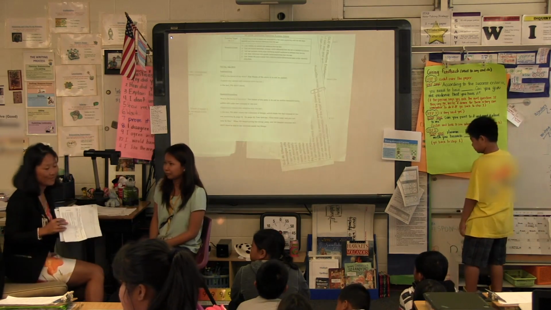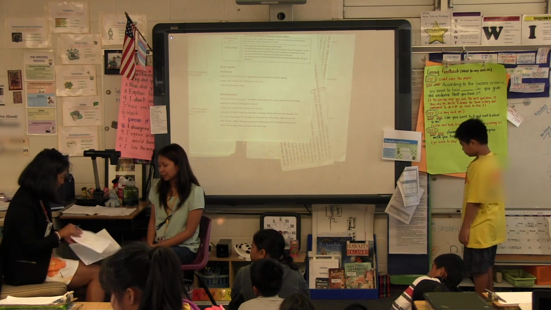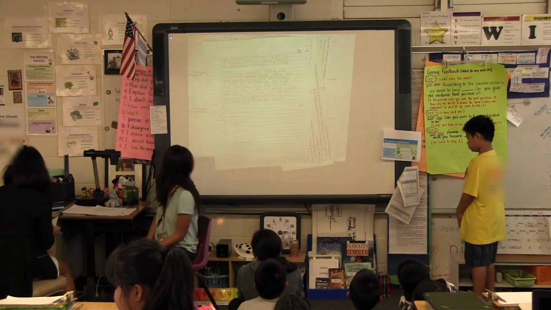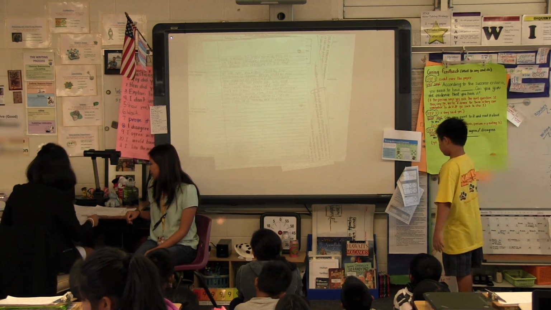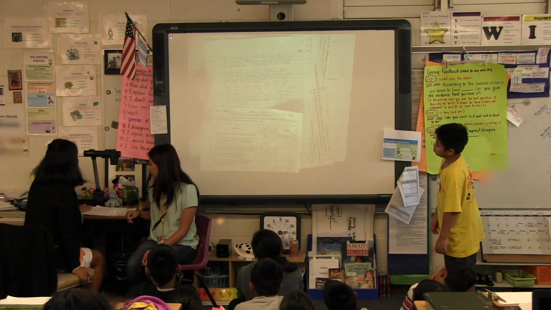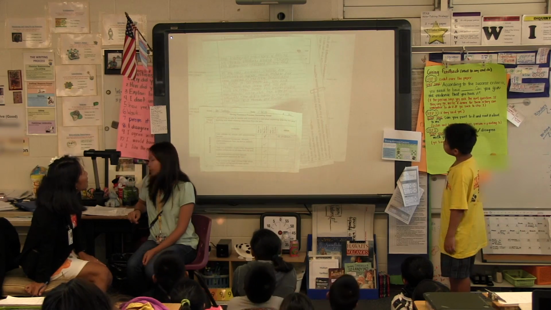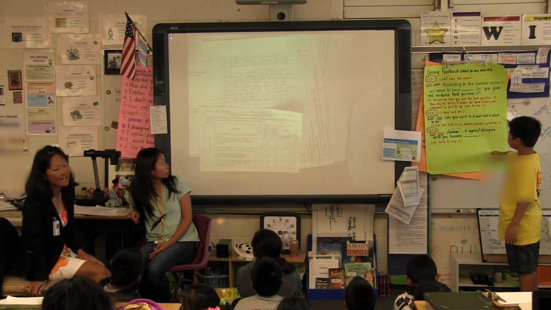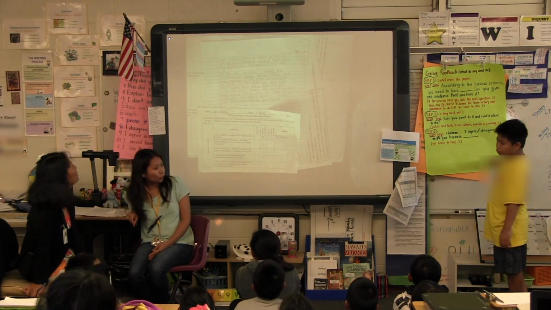Okay, and now Ms. Gallego did another one. When she was feeling better, she did another one. So, here's her new one. The theme of the story is not to be selfish because being selfish will make you unhappy in the end. Very good. Everybody say ooh.